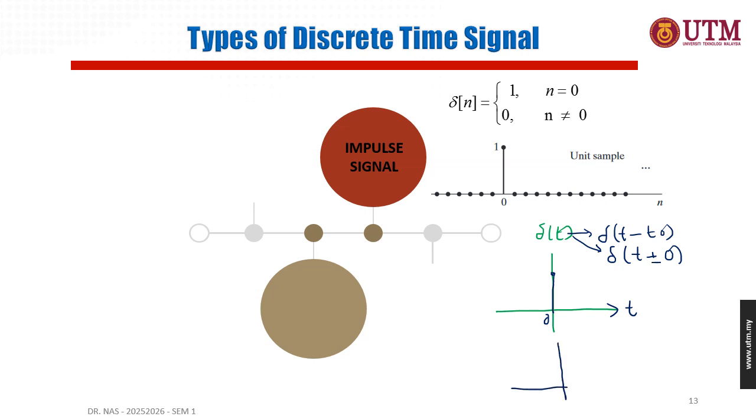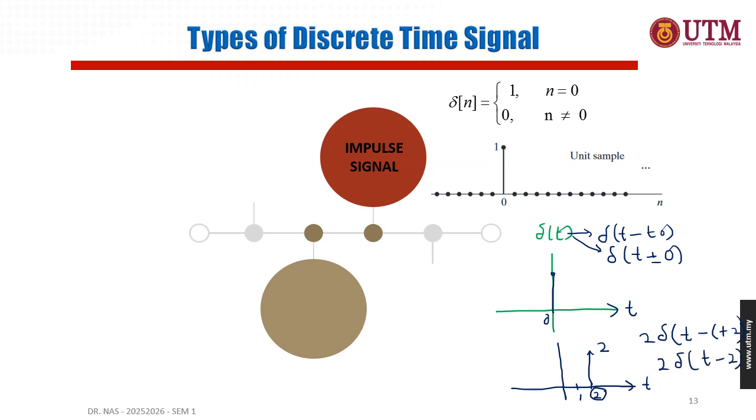Just a recap: on the t axis, you have your impulse at 2, and the amplitude is 2. It will be 2δ(t − your position). It is at positive 2. So this is your equation, 2δ(t − 2).